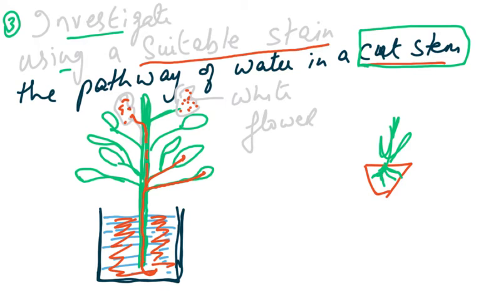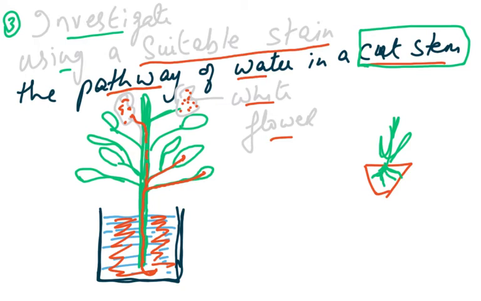So preferably we should have a stem with white flowers. Now the question is that the biologists are in disagreement on whether the water and the dye travel in the xylem or the phloem. So the question is, how will you investigate the pathway of water in a cut stem?